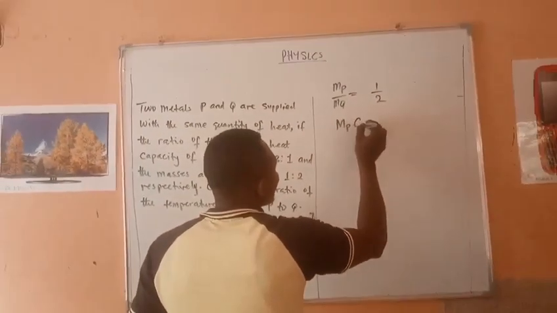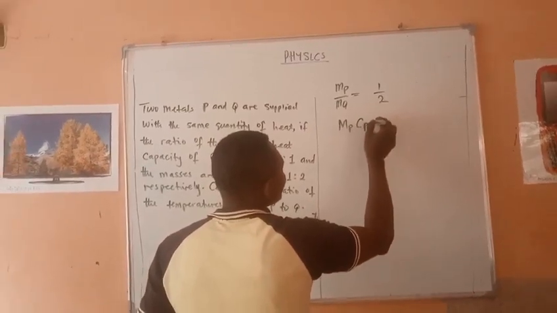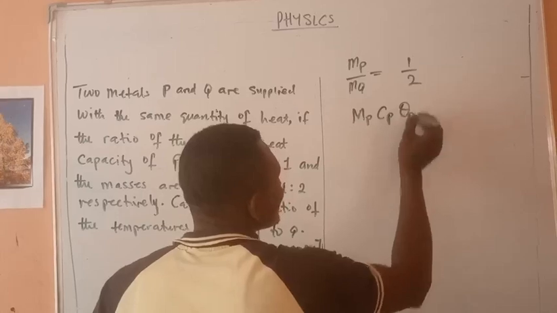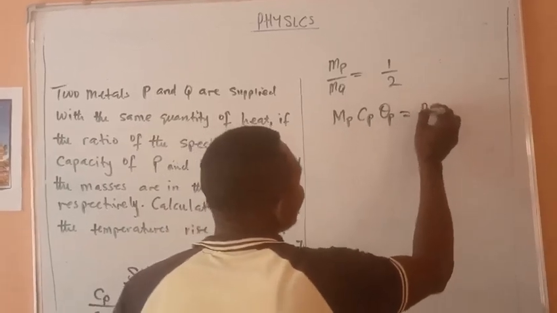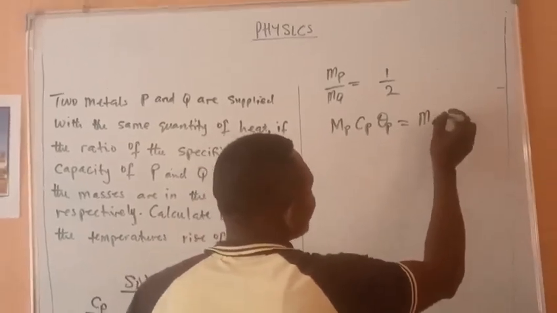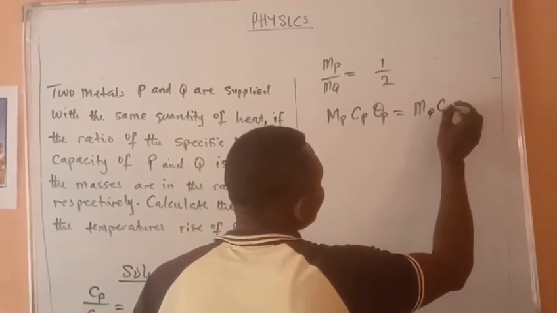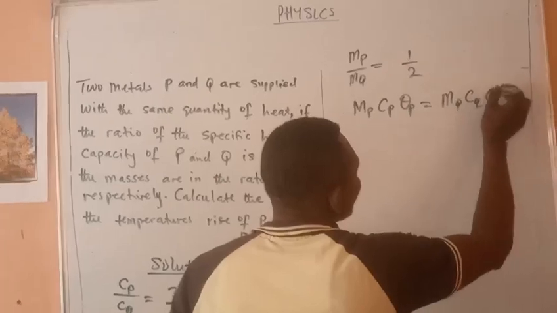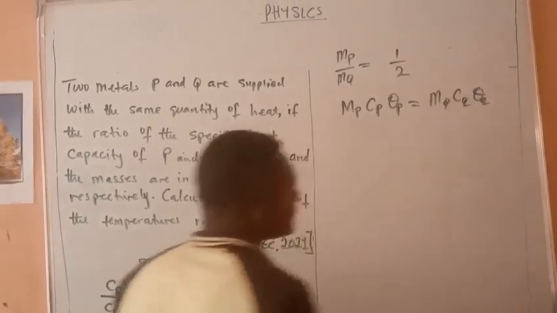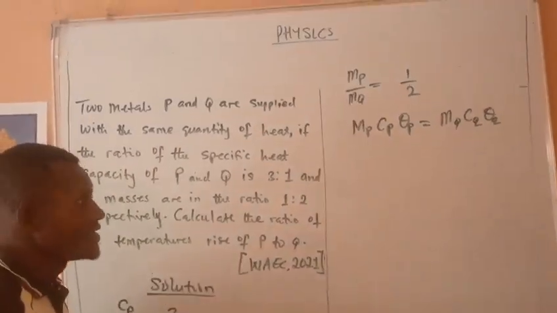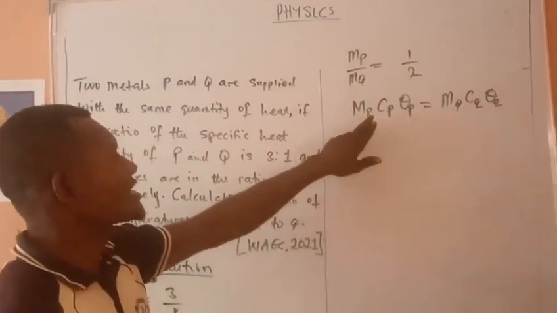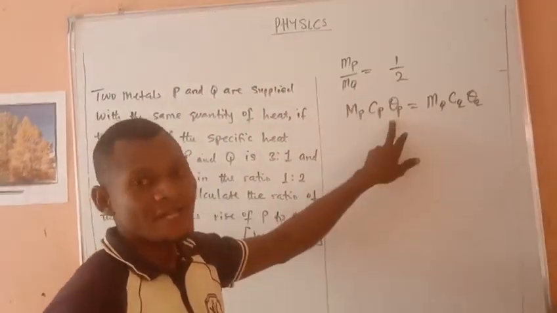Now using the relationship that heat loss is equal to heat gain, we can have M_P times the specific heat capacity of P times the temperature change of P is equal to the mass of Q times the specific heat capacity of Q times the temperature change of Q. Now let's substitute in the values of the mass, the specific heat capacity, and the temperature respectively.